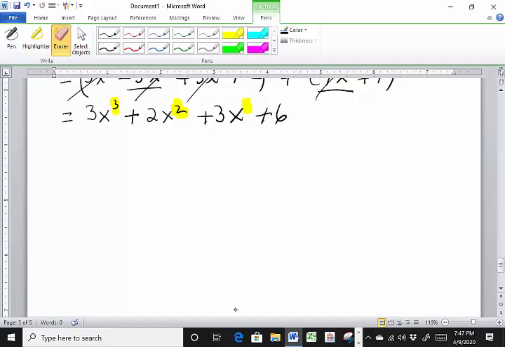Let's do one more. Let's do a multivariable example.